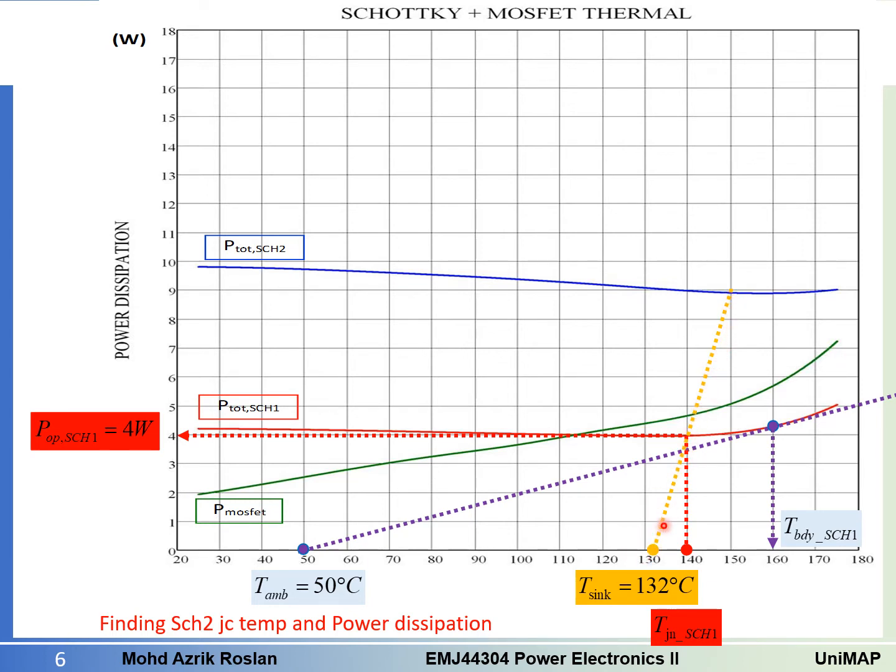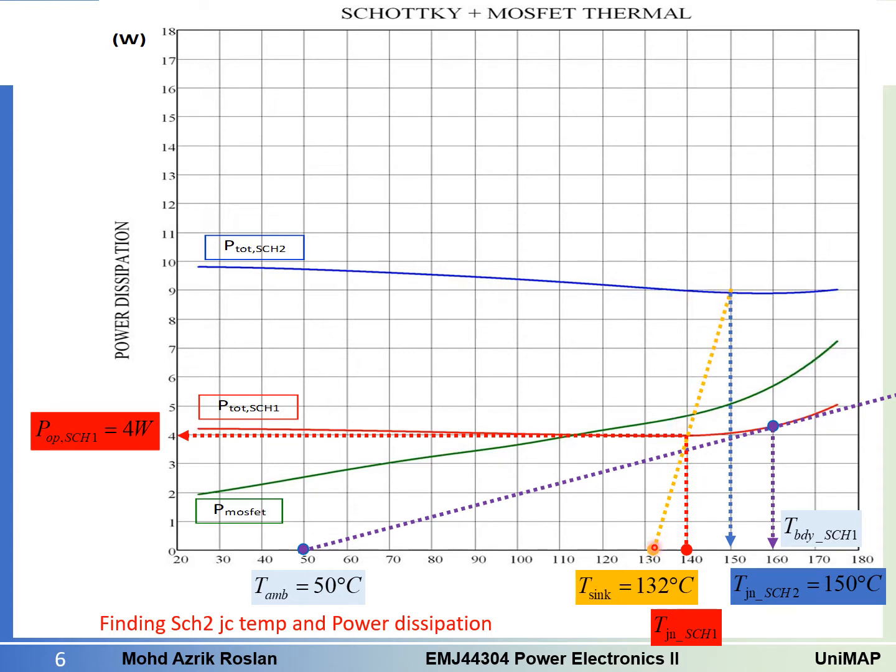So when I draw this one until the Schottky 2 curve here, at this point this is what we call the junction temperature for Schottky 2. In this case we have junction temperature Schottky 2 equals 150 degrees C. Why we can use this straight line is because Schottky 1 and Schottky 2 have the same thermal resistance and the same slope.